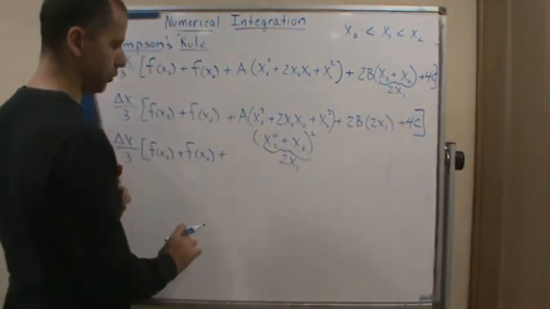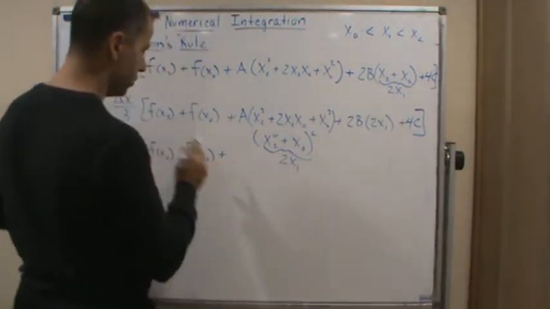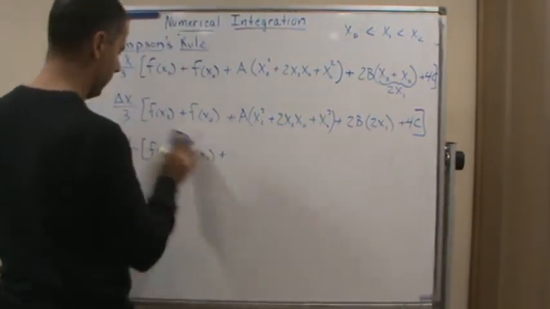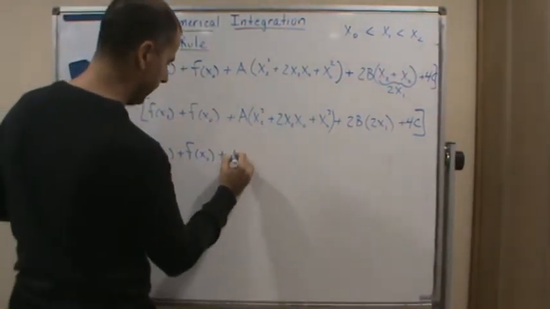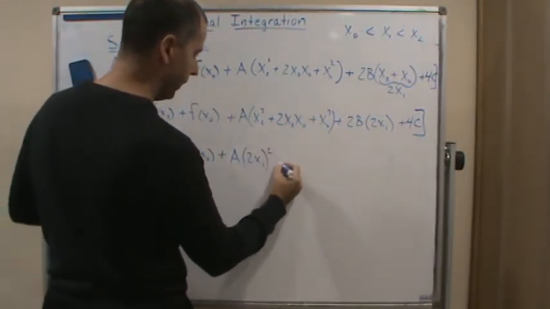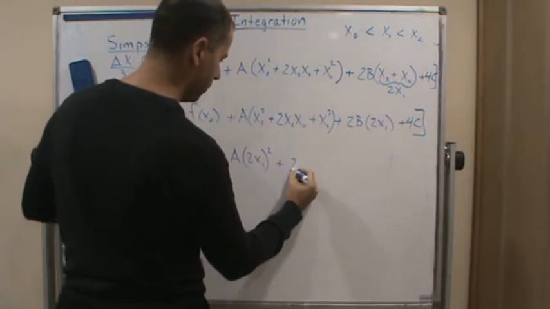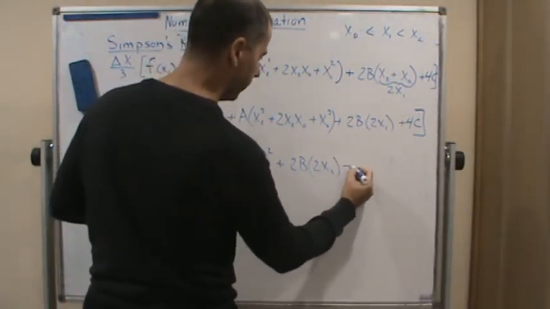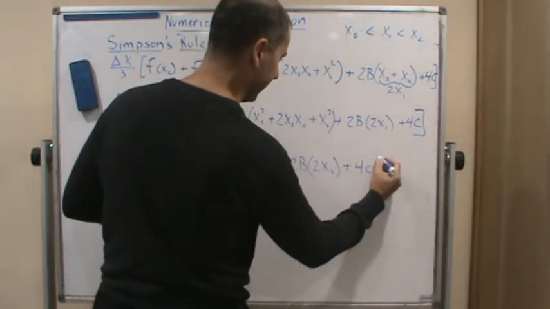So this is 2x1, and so it's 2x1 quantity squared. So this becomes a times 2x sub 1 squared plus 2b times 2x sub 1 plus 4c.